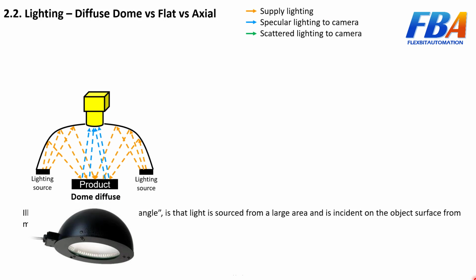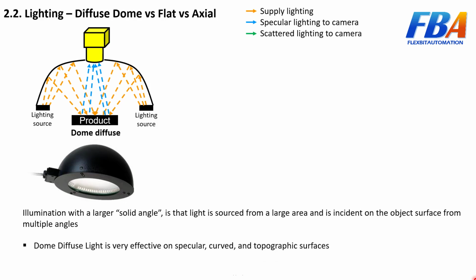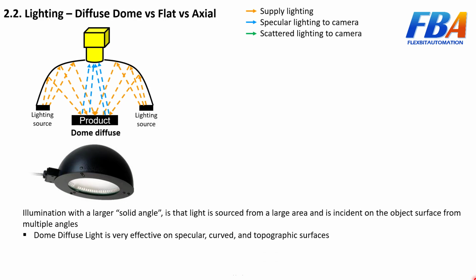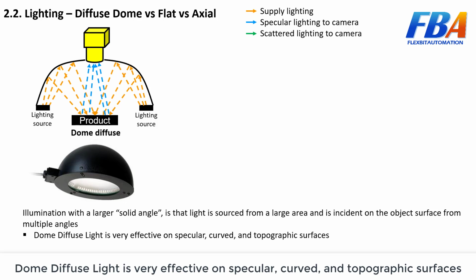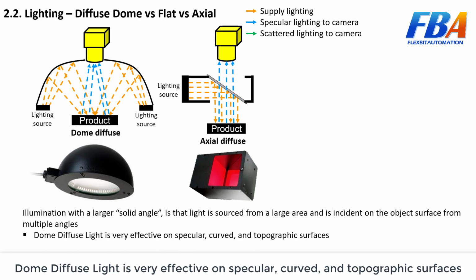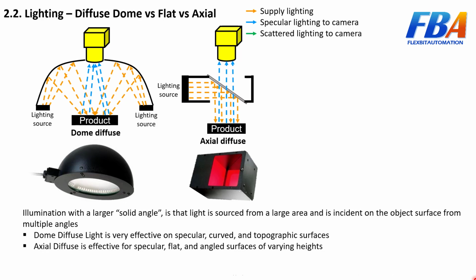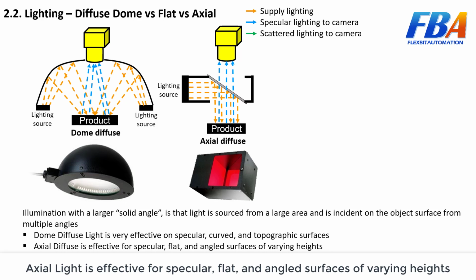Okay, next we come to dome, flat, and axial diffuse. Firstly, about the dome diffuse. Dome diffuse light is very effective on specular, curved, and topographic surfaces. And the axial diffuse light is effective for specular, flat, and angled surfaces of varying height.